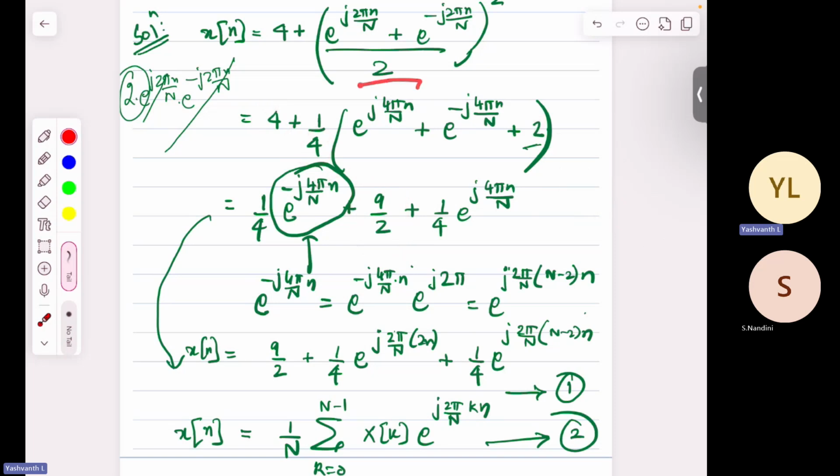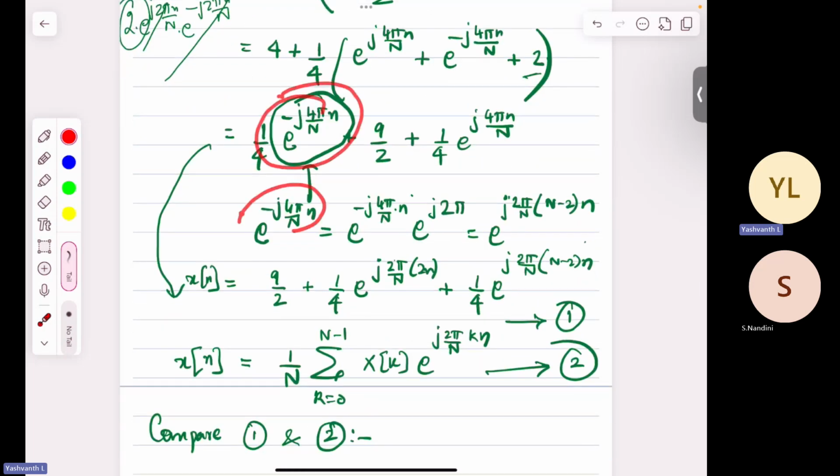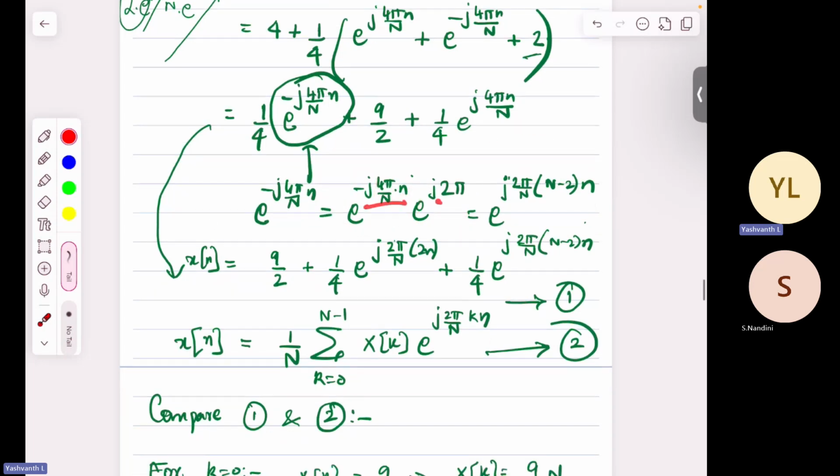That's what I wrote, 9 by 2. And the third term is 1 by 4 into e power j 4 pi by capital N into small n. Now this e power minus j 4 pi n by capital N can be written as e power minus j 4 pi by capital N into n into e power j 2 pi, because e power j 2 pi is anyway 1. I'm just multiplying by 1. There is no problem with that. So now the exponents will get added up, and it is the same as e power j 2 pi by N into N minus 2 into small n.